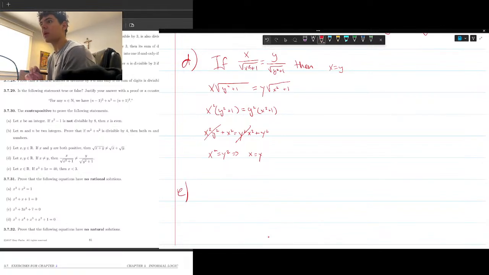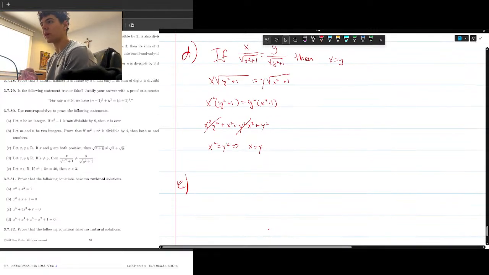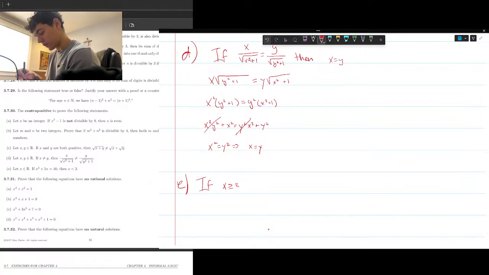E. Let x in R. If x cubed plus 5x is equal to 40, then x is greater than 3. Okay, so if x is less than or equal to 3, then x cubed plus 5x is not equal to 40.